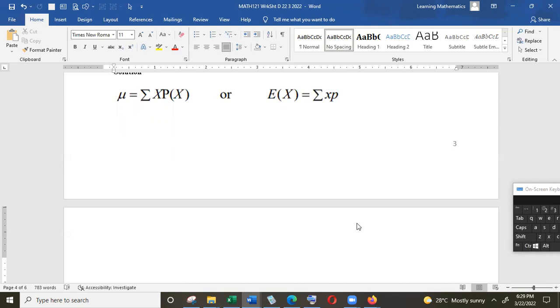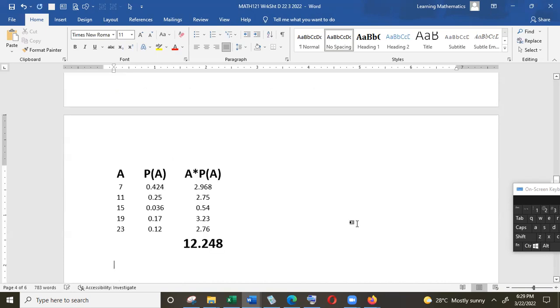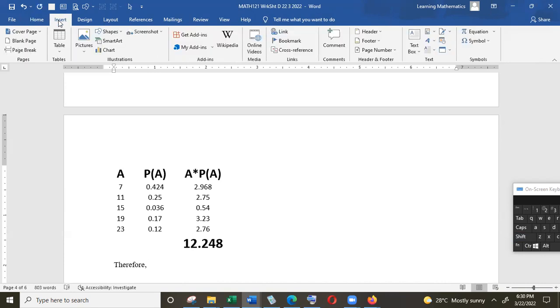All right. And therefore, mu as a population mean is a parameter.